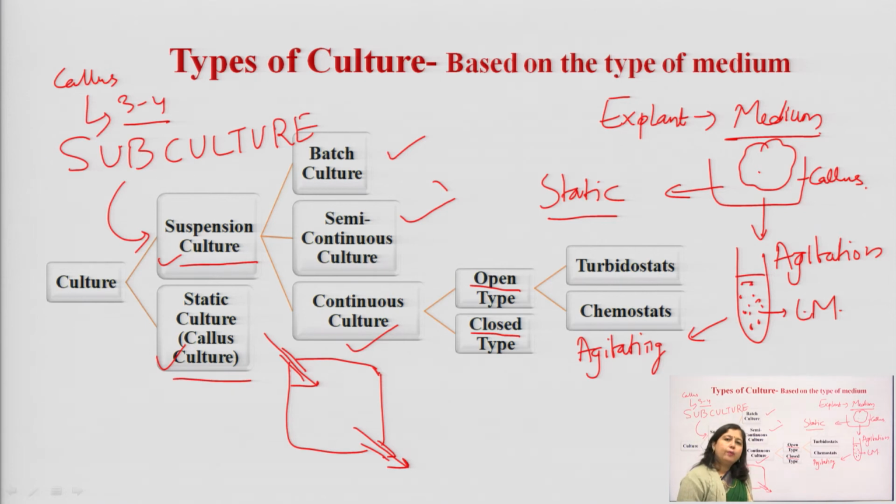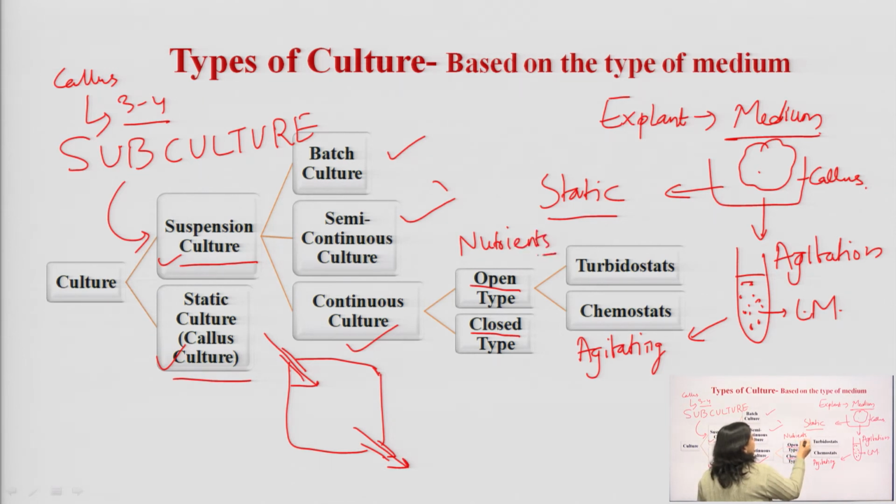Now, what is an open type? In open type of culture, you monitor or regulate the utilization of all the chemical constituents. Means in a particular system you have nutrients.